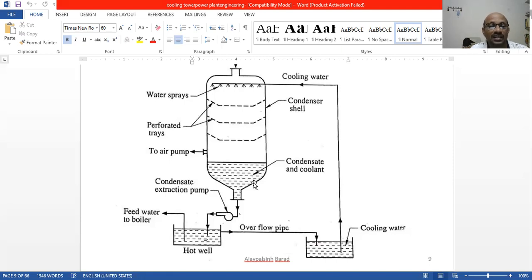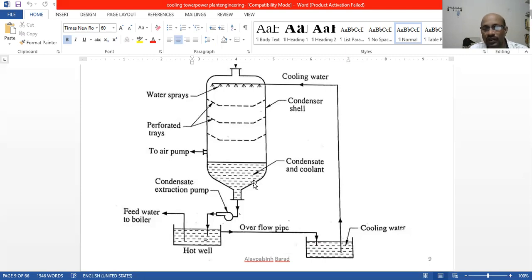That condensate and coolant, sometimes we mix again with the coolant to reduce the temperature of the water. Then the condensate extraction pump will be there. From that pump, we send it to the hot well.